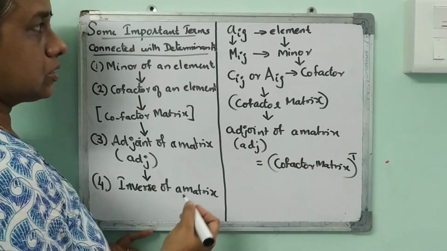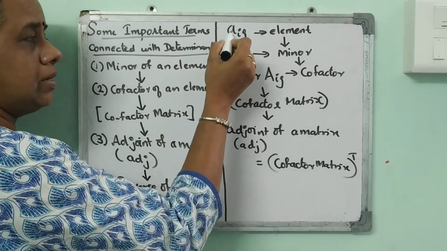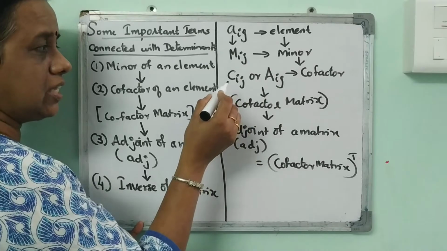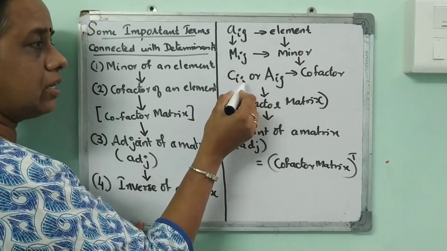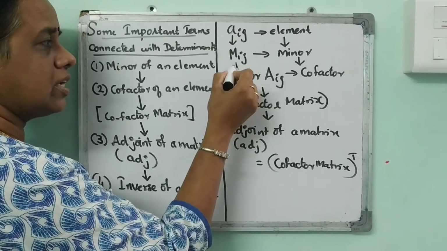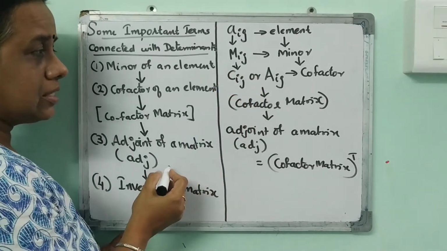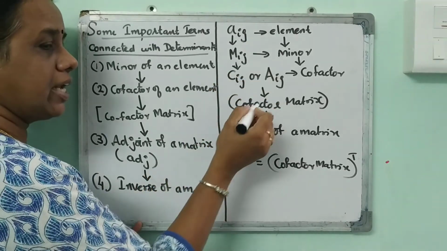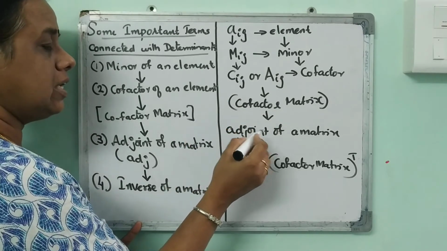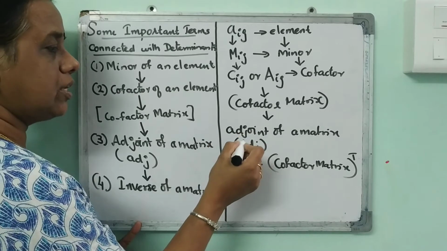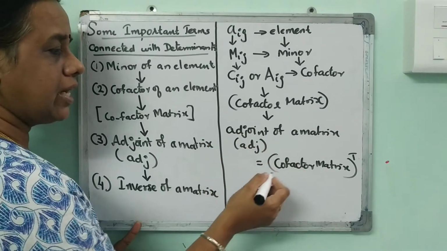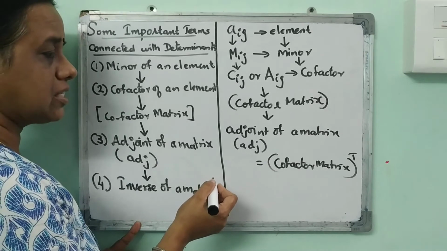Okay, so from an element Aij, we denote its minor as Mij. Then going ahead with the cofactor of the element, it is denoted as Cij, or also as capital A suffix ij. Then for all the elements, we work out the cofactor matrix. And then we go ahead with finding the adjoint of a matrix. Adjoint is denoted as ADJ, which is given by the transpose of the cofactor matrix.